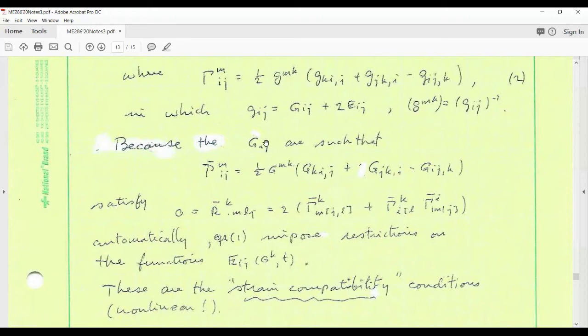So the idea is that if we construct the referential metric by using its definition, taking capital G vector sub I to be capital X comma I, form the metric, form the connection symbols from that, then automatically this should be satisfied. In other words, the referential metric we will assume is such that this is automatically satisfied simply by the way we construct it.